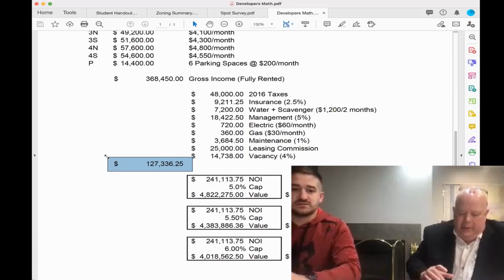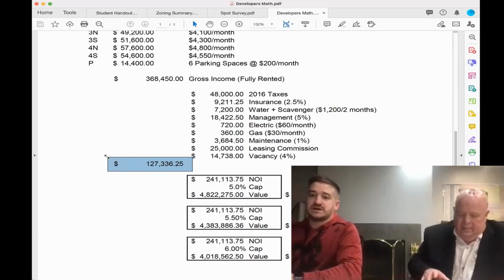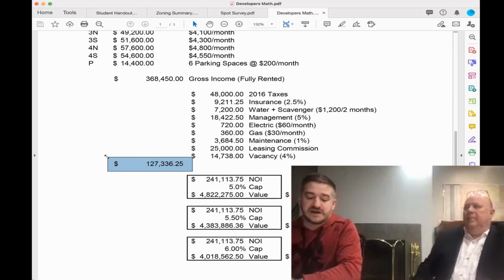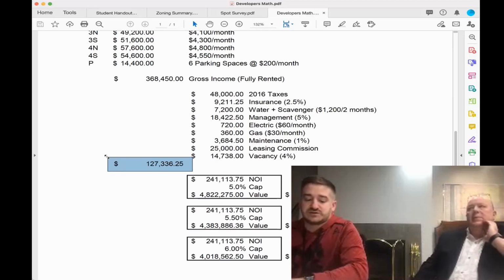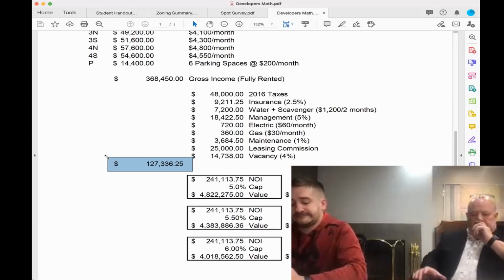Go back to last week's formula: net operating income over a rate or value. If the value is your total acquisition cost of 3.697 million, what cap rate did he develop it to? That's taking your net operating income and dividing by the total construction cost.